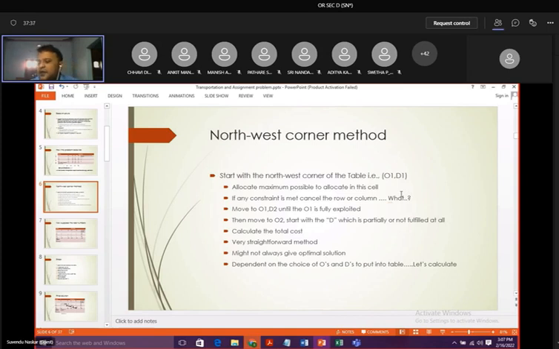Now I'll start with which point? O3 D3. Perfect. How much here? 300. Perfect. So you are now left with 200. Because this problem looks simple, but again, if the number of origins and destinations changes, it may not be that simple.